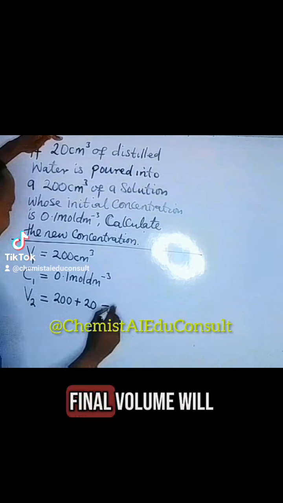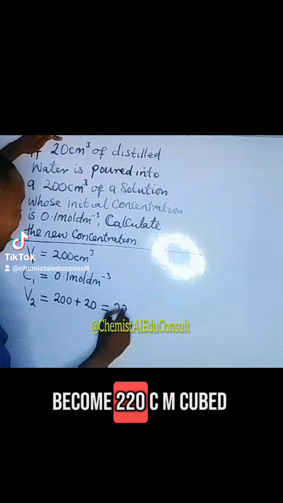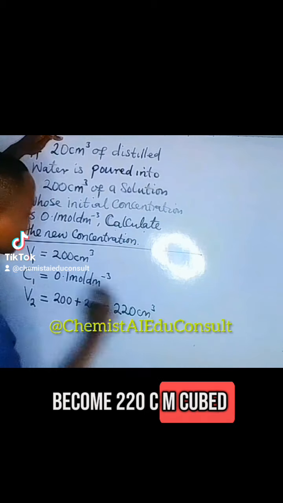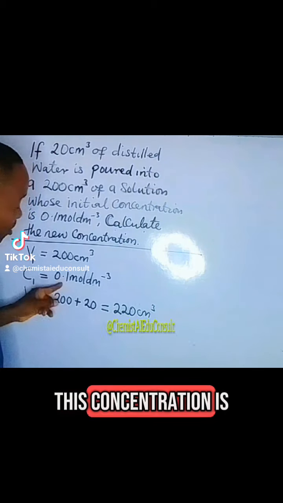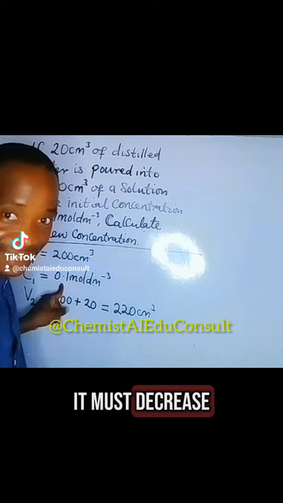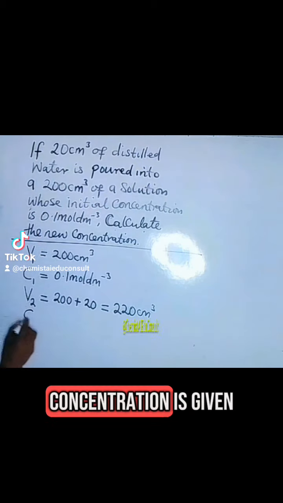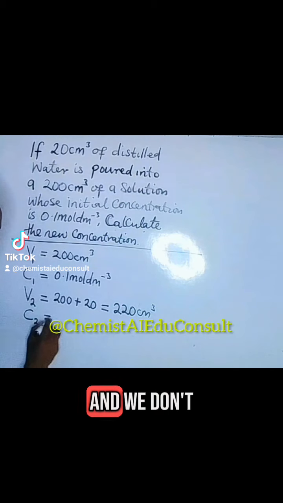And now, the final volume will become 220 cm³. This means that this concentration is going to change. It must decrease. And the new concentration is given as C2, and we don't know that.